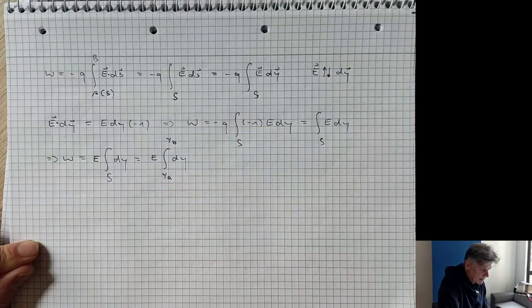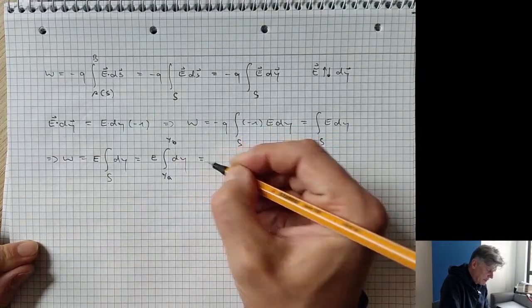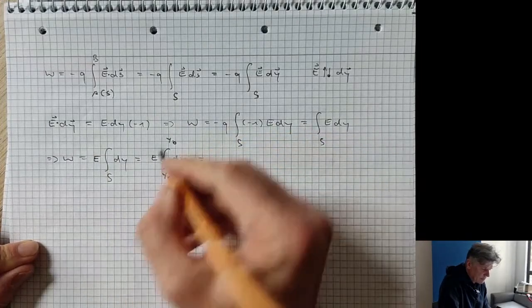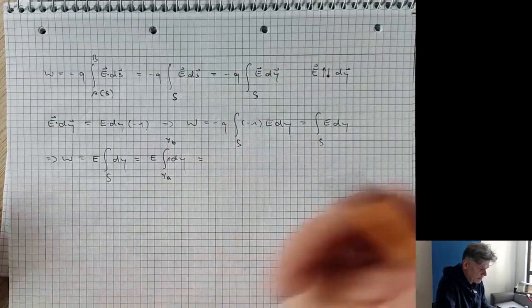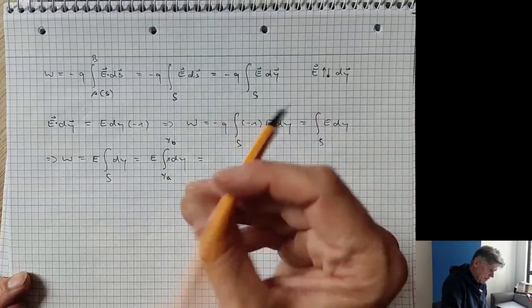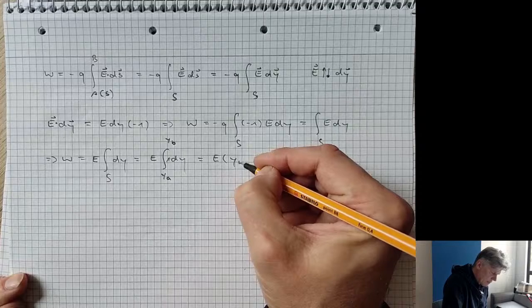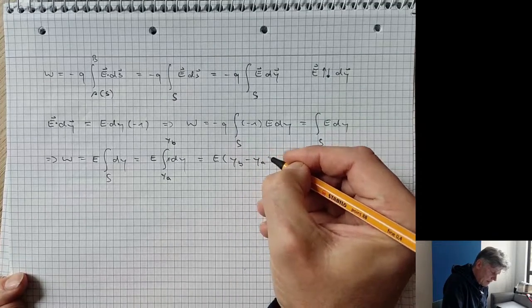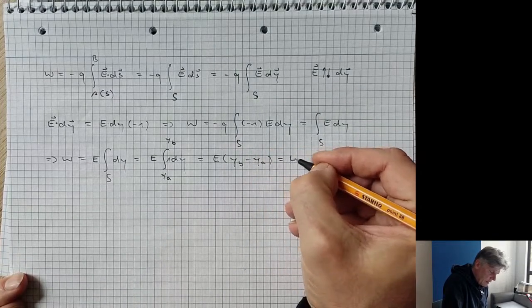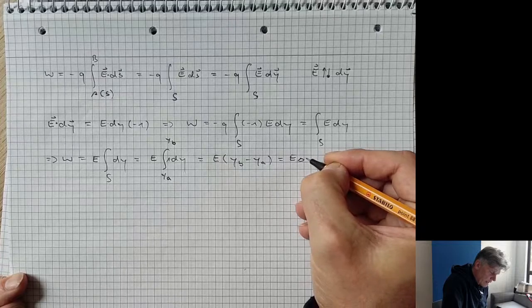The antiderivative of 1 times dy is just y itself. So that would be the electric field times yb minus ya, which is E times delta y.